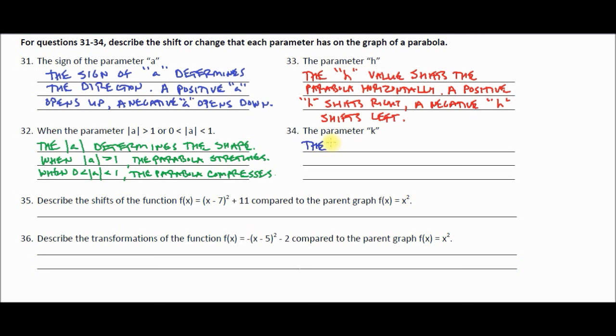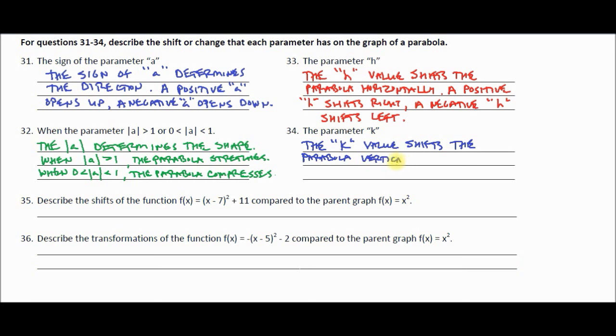The k value, this is going to be almost the same answer as above. The k value, and I'm writing very messy to get through this for you guys, but if you're listening to me talking, you're going to be able to know what I wrote. The k value shifts the parabola vertically.